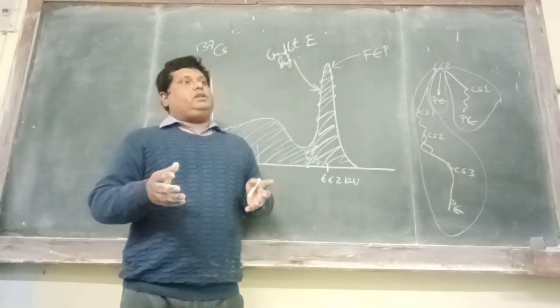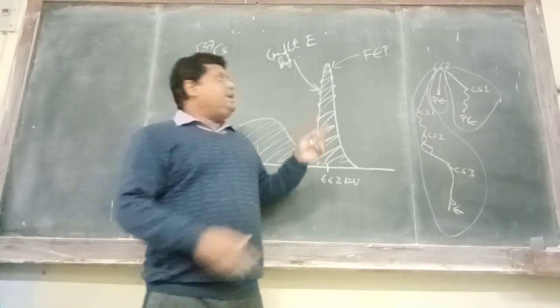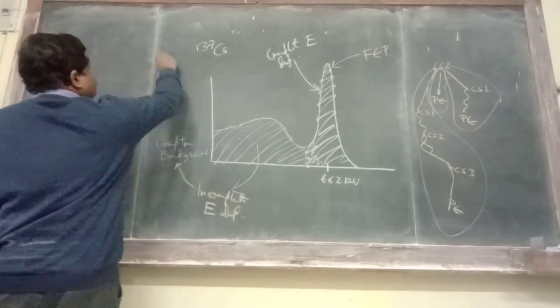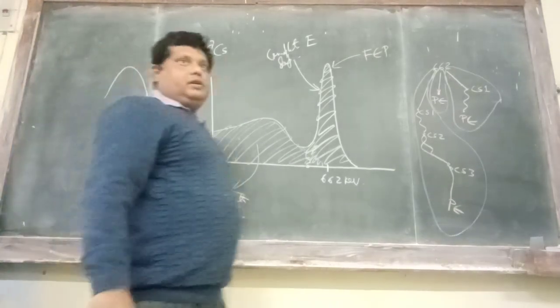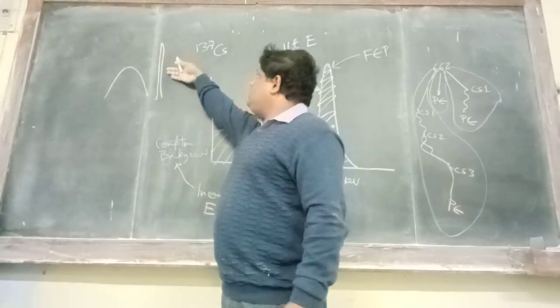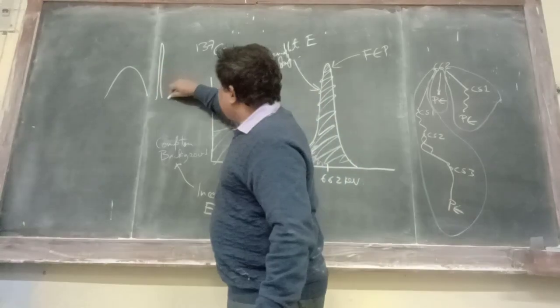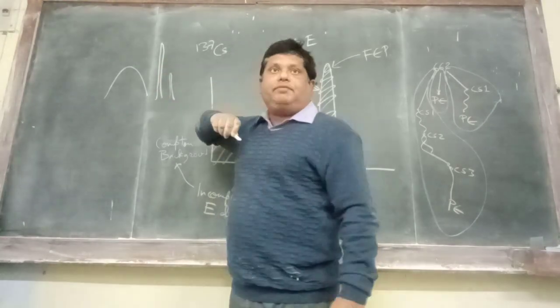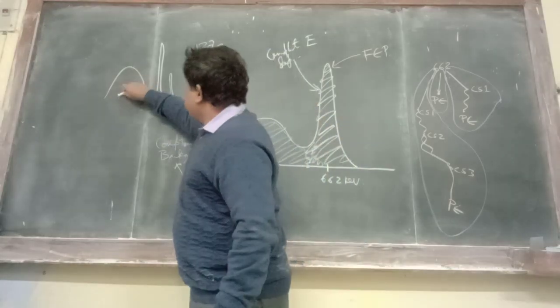Now this fluctuation is the reason for the energy resolution. In some detectors you can have a very sharp peak. In some detectors you can have a very blunt peak. Both have the same number of counts. So you will say, sir, this detector is good. Why? Because if there is some other peak nearby, you will be able to identify it. So we say good energy resolution. What will happen in the blunt case?